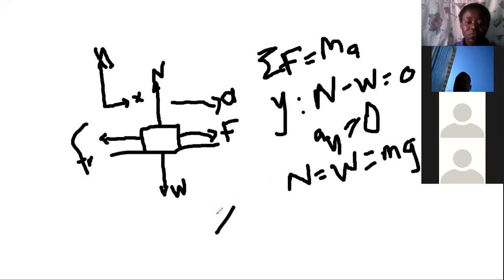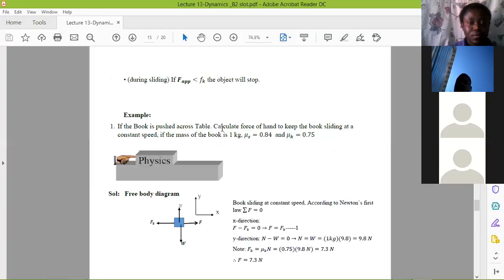Then we move to the x direction, because the x direction is the one that will help us find the frictional force, the maximum force required to keep the book sliding at a constant speed.